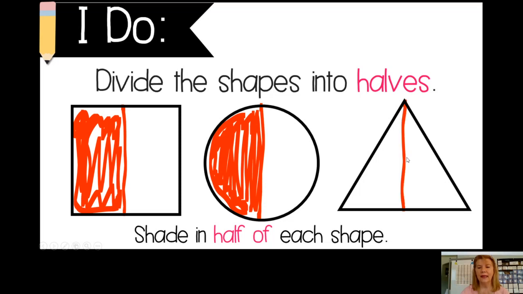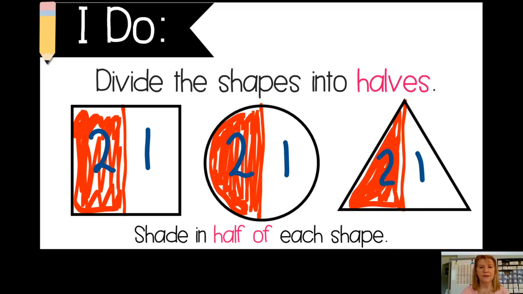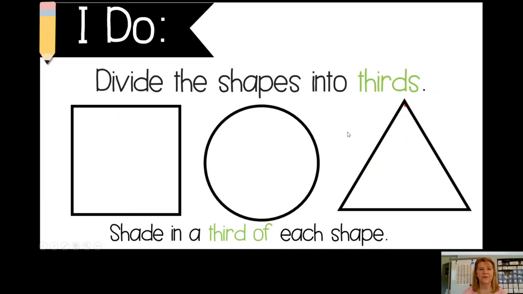And then you put a line going down and you shade. And we always label 1, 2 parts. So this is 1/2 of each shape has been shaded.